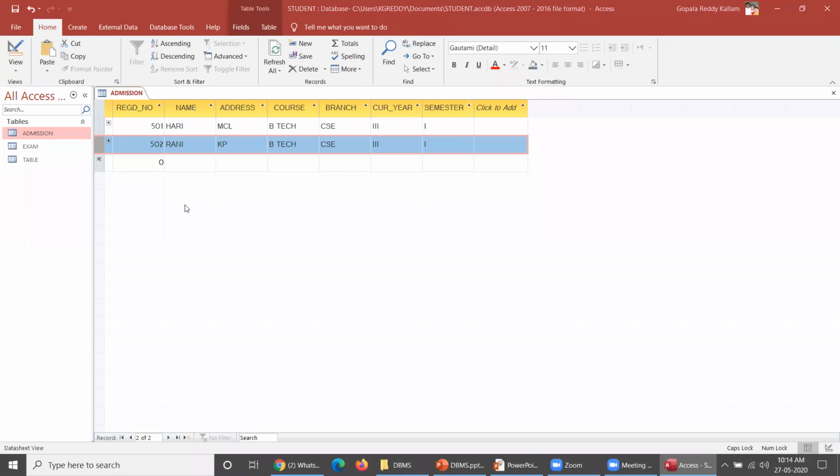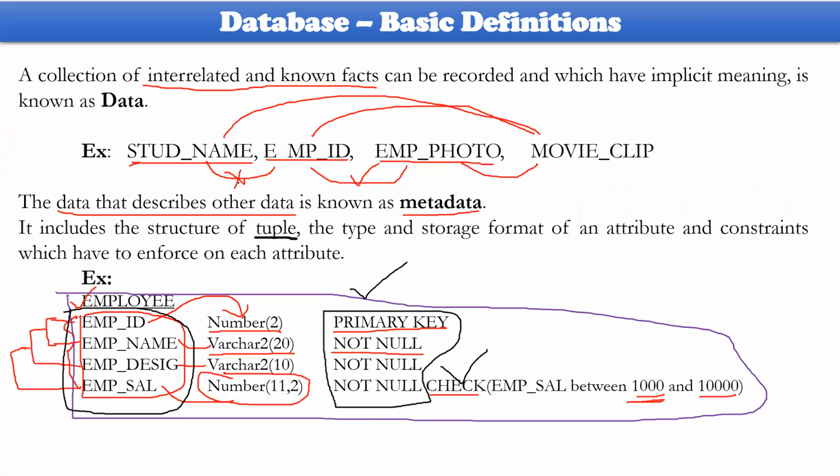If you take, in terms of an employee, employee name, employee ID, employee address, employee designation, employee salary, employee department. If you take it in such a fashion, obviously one row will represent one particular person's complete information. If the complete information is described by you, then that is called a tuple.